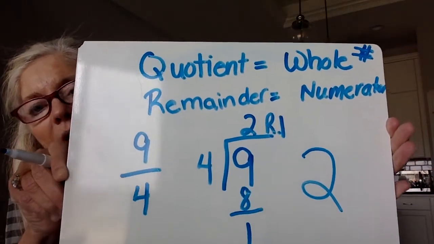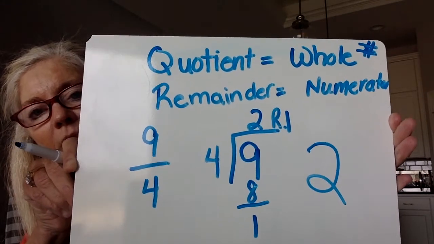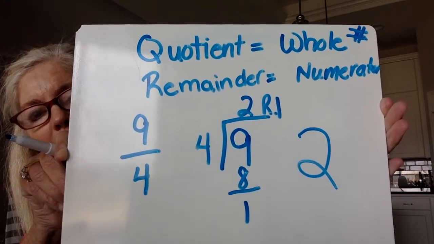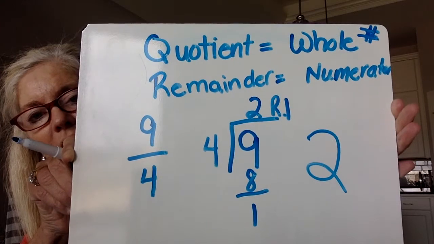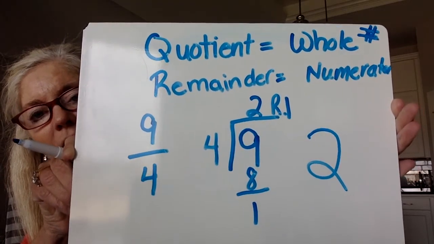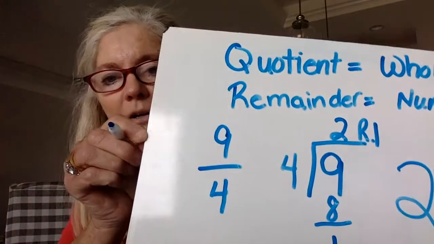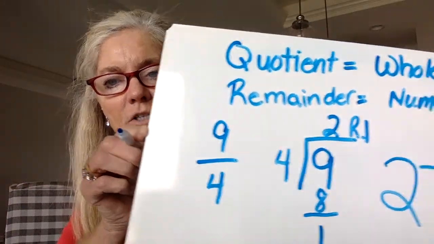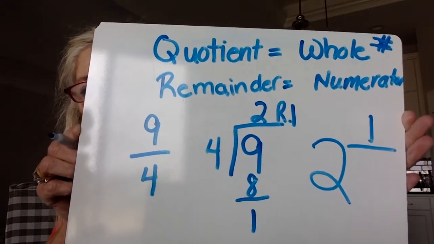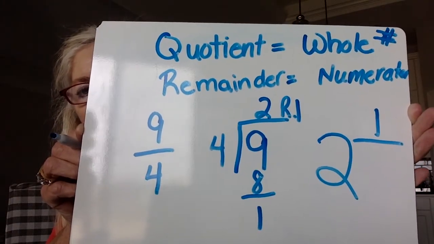In my clues above, it says the remainder becomes our new numerator. What was our remainder when 4 goes into 9? It went in 2 times remainder of 1. So 1 becomes our new numerator. What's the denominator? The denominator does not change. So the denominator is a 4.